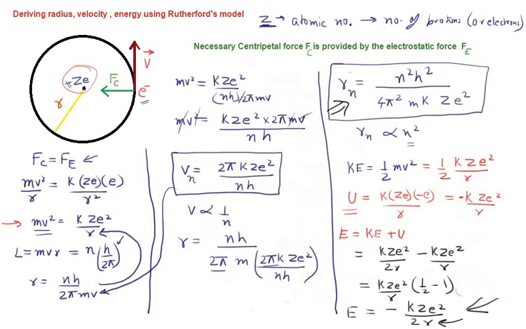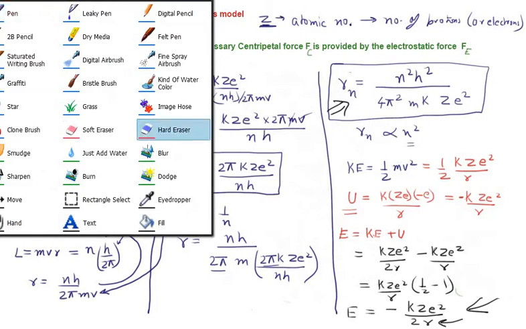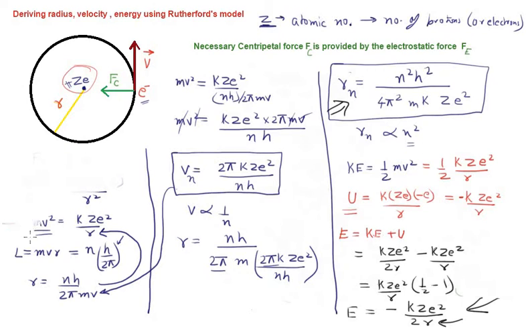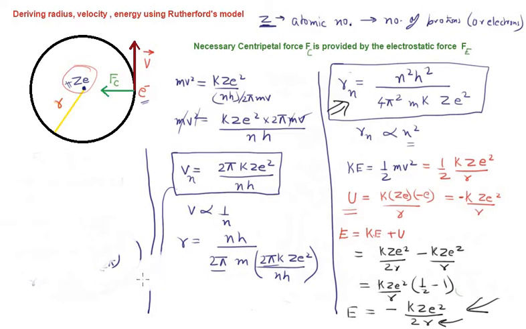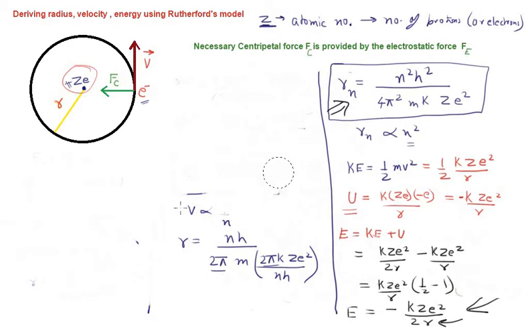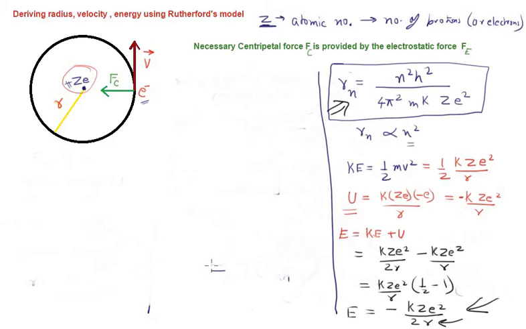Okay, so let's do it. So energy E will be equal to minus kZe² by 2 into r, and the value of r is this.